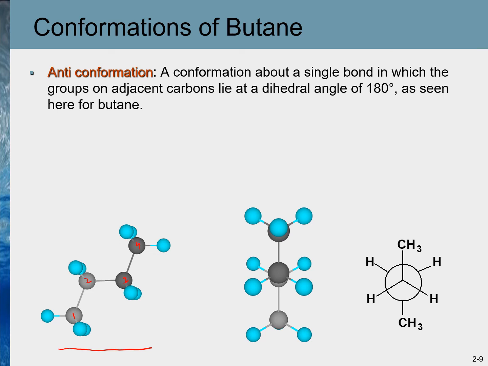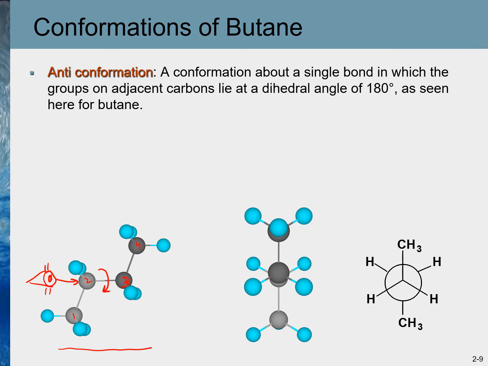So for these conformations, we visualize through the bond passing through carbon number 2 and carbon number 3. And as we understand, carbon-carbon bonds can freely rotate.